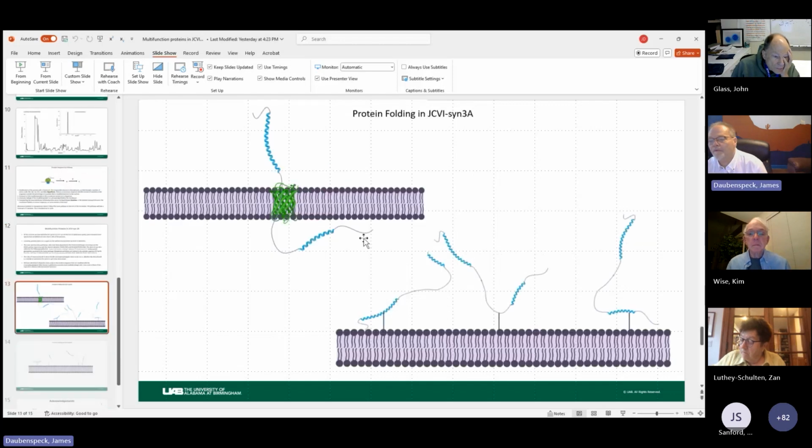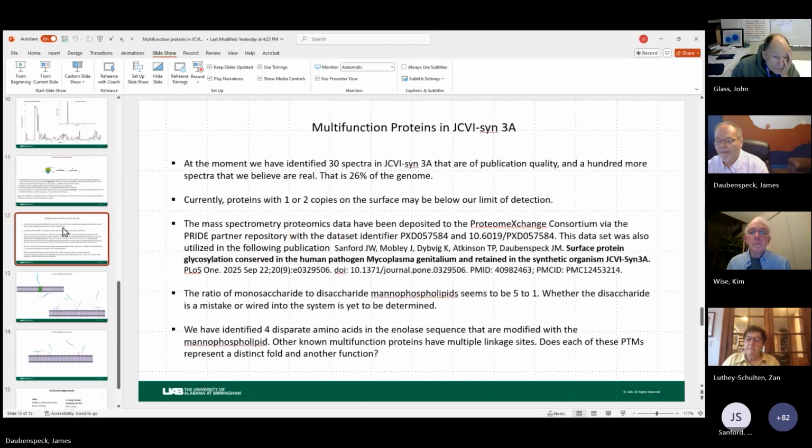So at the moment, we have identified 30 spectra in JCVI-Syn3.0 that I am comfortable publishing, and we are in the process of doing so.